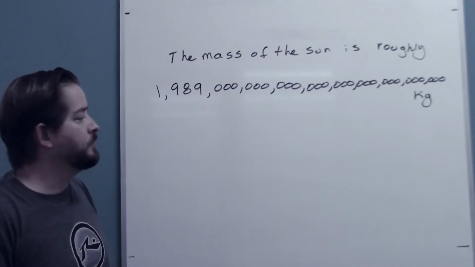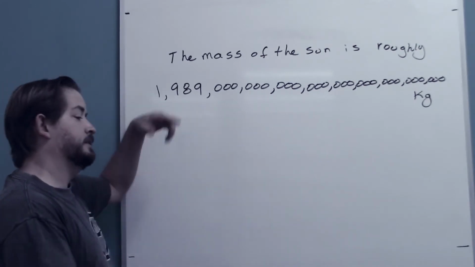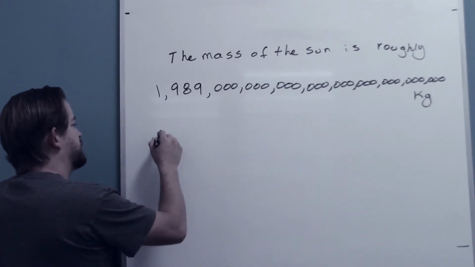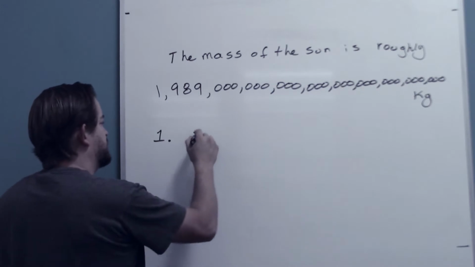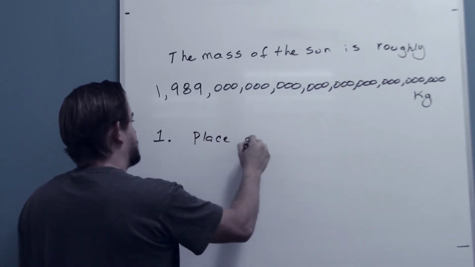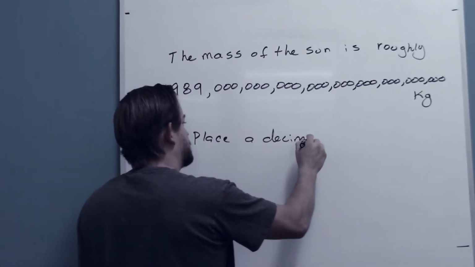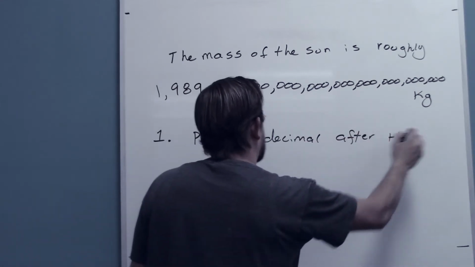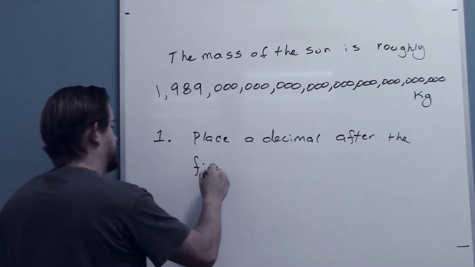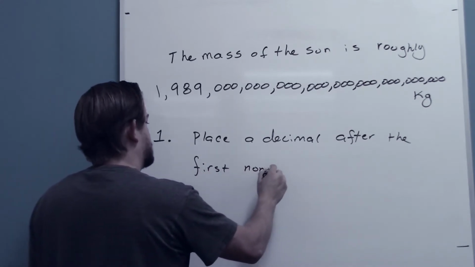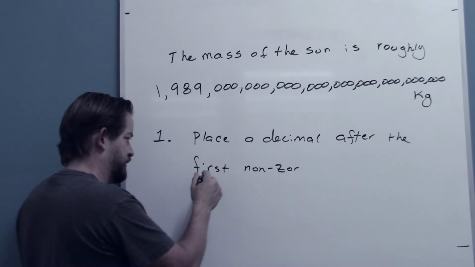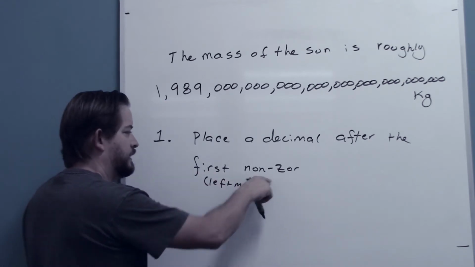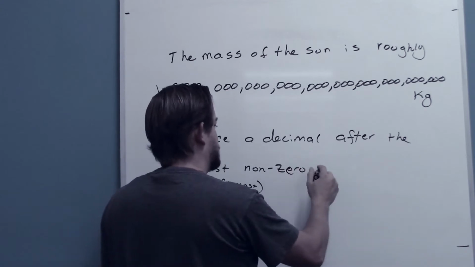these numbers, right? So instead we would have this written in scientific notation, and in scientific notation there's 3 steps really. The first step is to place a decimal after the first non-zero, and by first we mean the leftmost, non-zero digit.